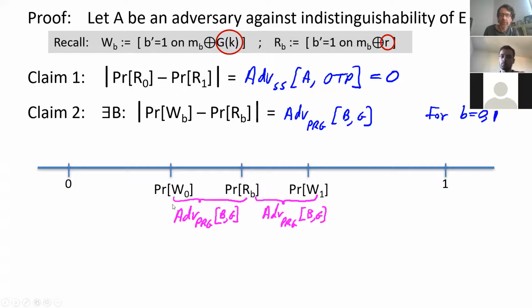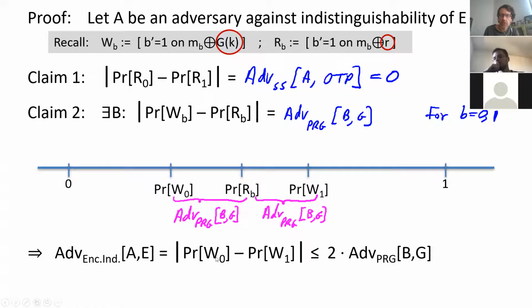What this shows is that these two differences are equal to the advantage of B against a PRG. And therefore this distance is at most twice that. This is called the triangle inequality. Let's call these points A, B, and C. The distance between A and B is some fixed distance, and the distance between B and C is some fixed distance.